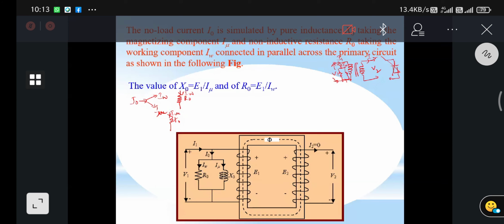Simply, I can give the circuit here. Just wait, I will give a clear idea about the transformer.